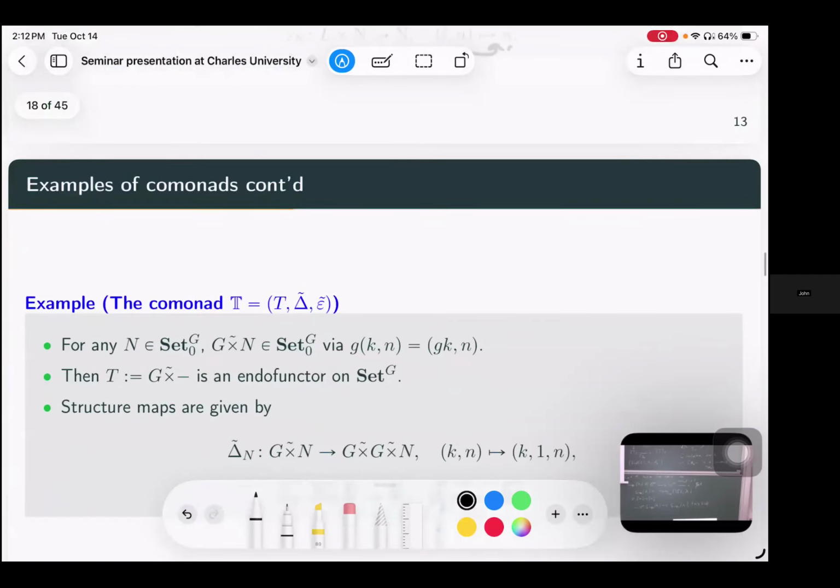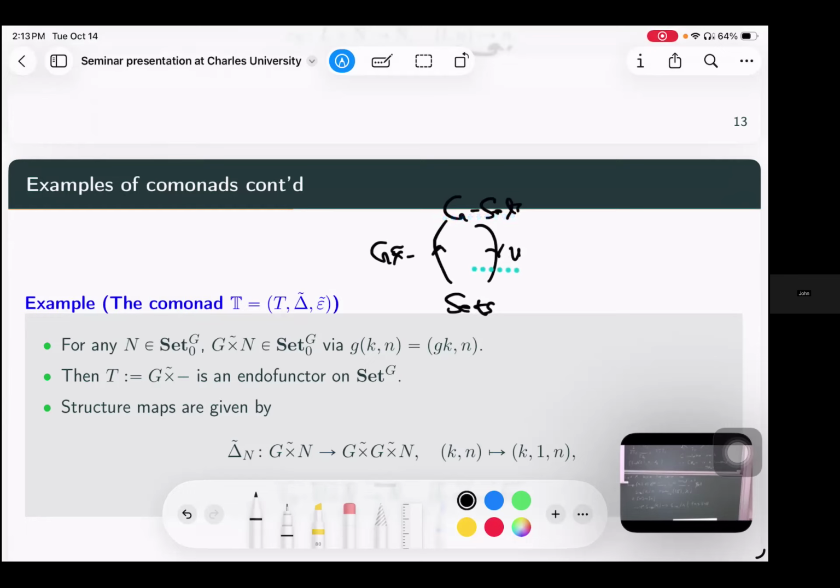Now the other comonad which we would use stems from the adjunction between sets and G-sets. So here we have sets, we have G-sets up there, and this is a free functor. This is a forgetful functor from G-sets to sets.